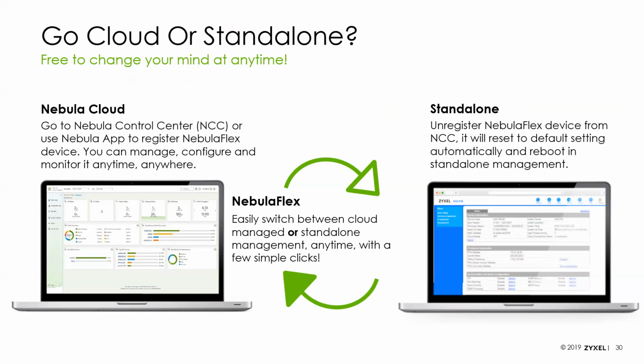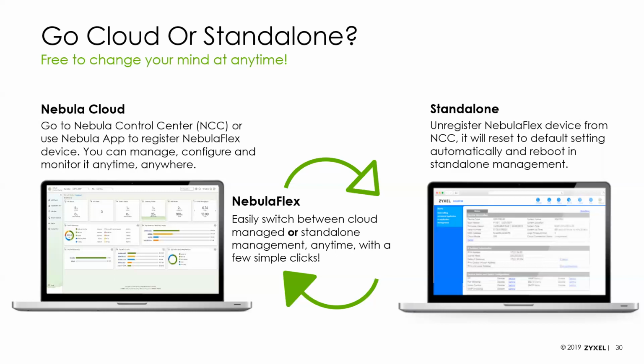Basically, when you plug in and turn on a device, by default, it is in standalone mode. If you scan that QR code and assign it to a customer on a site, within a few minutes, that device will see that you have done that and will automatically reboot into cloud mode. If at any point you decide you don't want to manage that device in the cloud anymore, you'd like to go back to standalone, just log into Nebula, remove that device from your inventory, and it will automatically reboot itself in standalone mode.